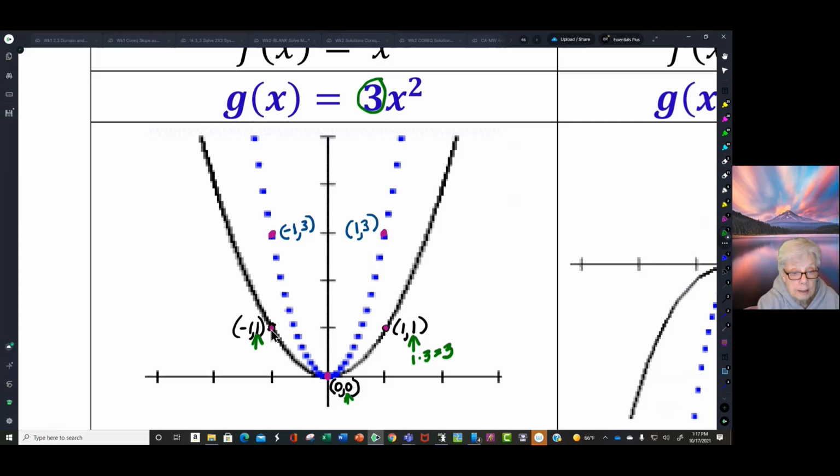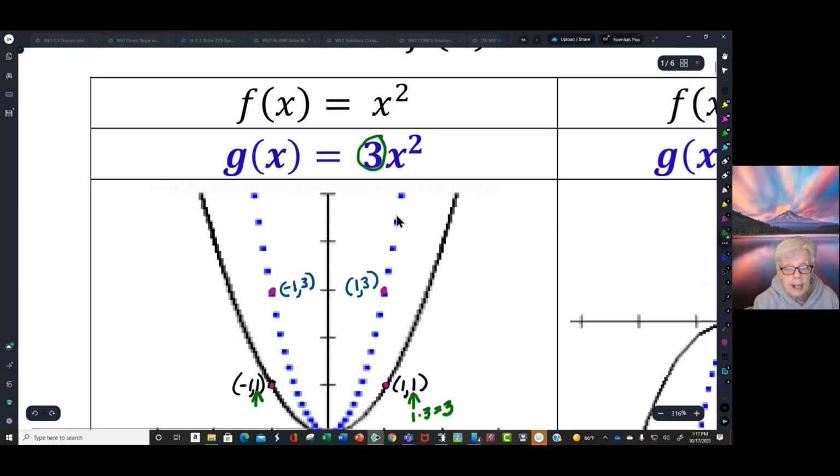Over here, this 1 is multiplied by 3, and so we get negative 1, 3. This 3, again, multiplies the y coordinates of all the points on the basic function, but not the x coordinates. And so you get a graph here that's higher.